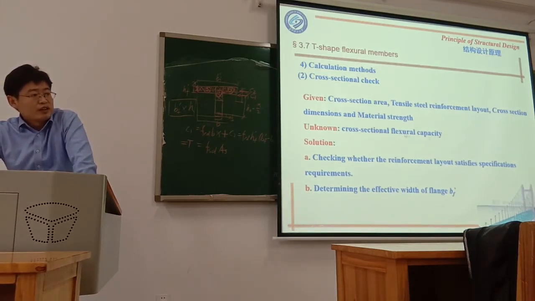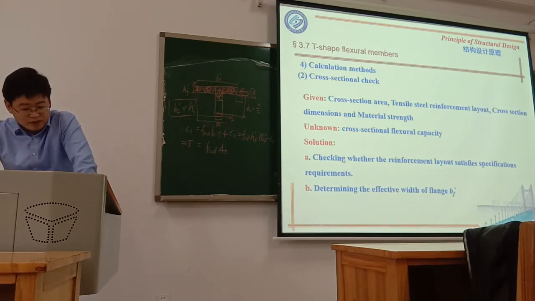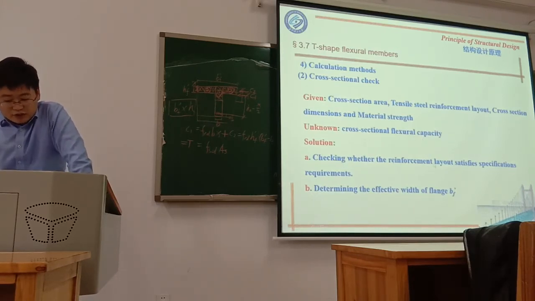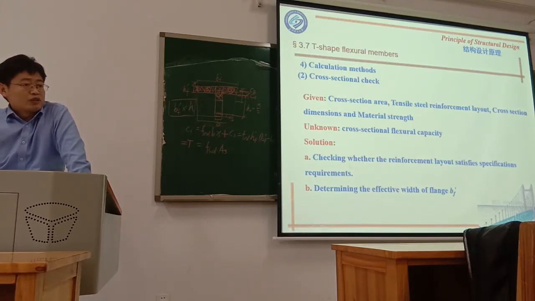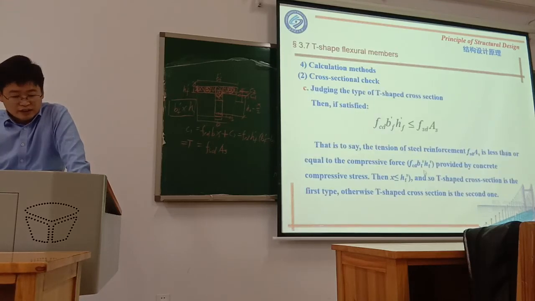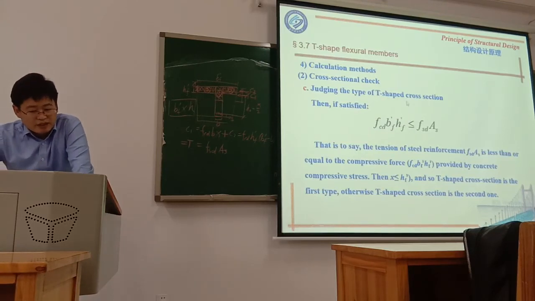So check whether the reinforcement layout satisfies the construction requirements, then determine the effective width of the flange bf prime, the same as the calculation, and then judge the type of the T shape.